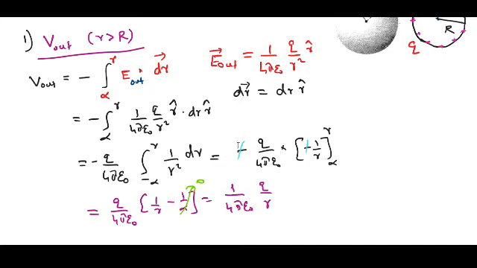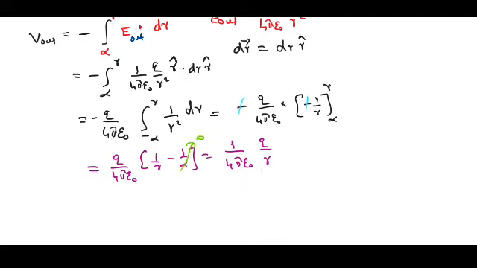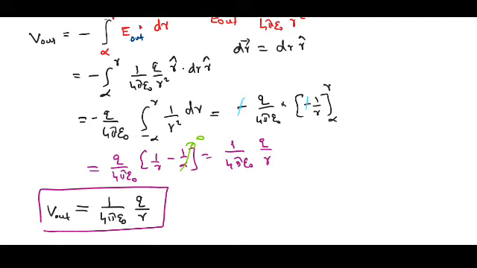Therefore, I can write: electric potential outside a uniformly charged spherical shell is equal to 1 by 4 pi epsilon 0 q by r, where q is the total charge contained in the spherical shell.